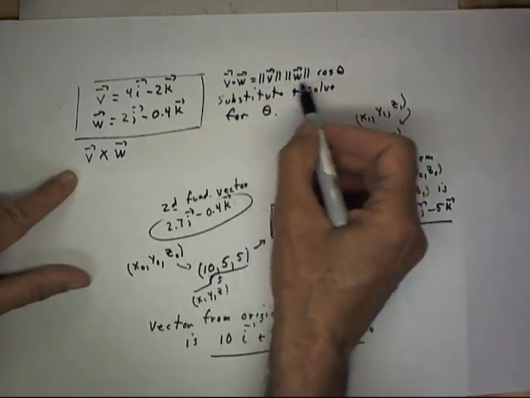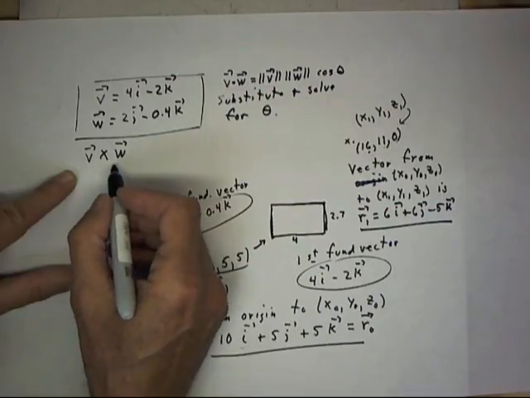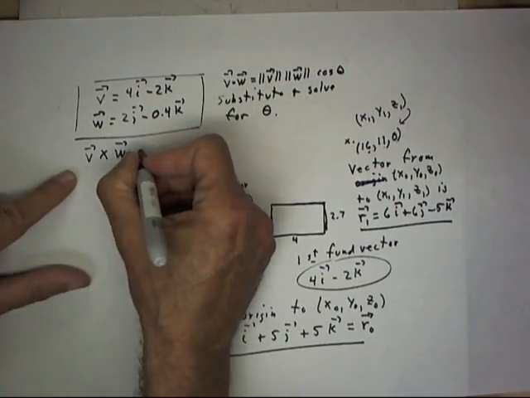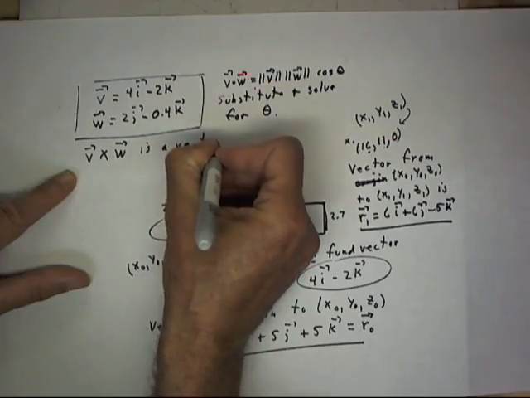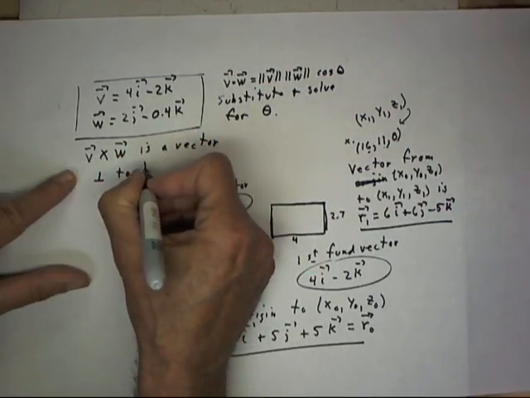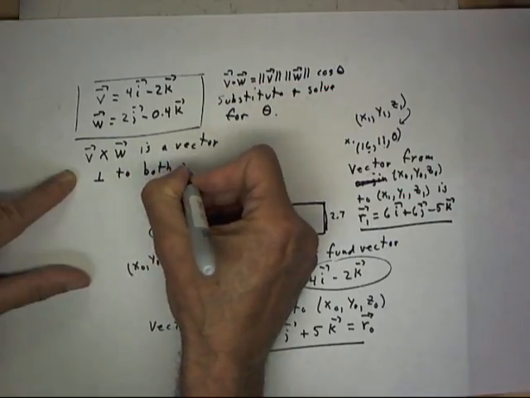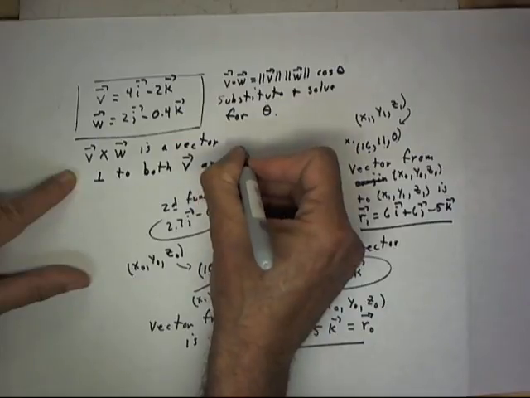But unlike the dot product that just gives us a number when we calculate it, V cross W gives us a vector, and this is a vector which is perpendicular to both V and W.